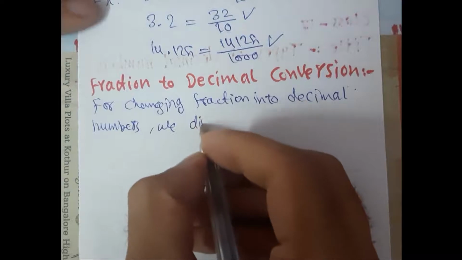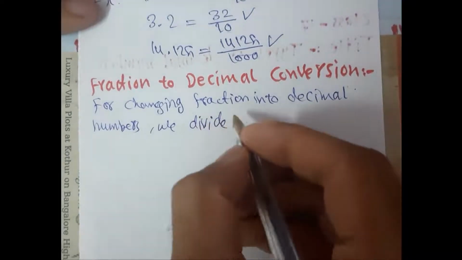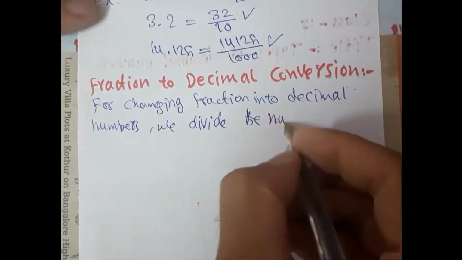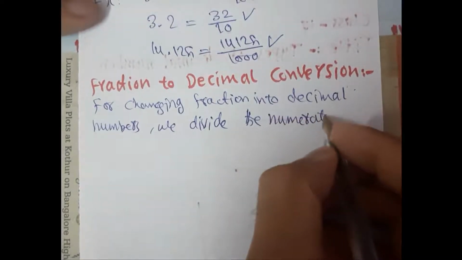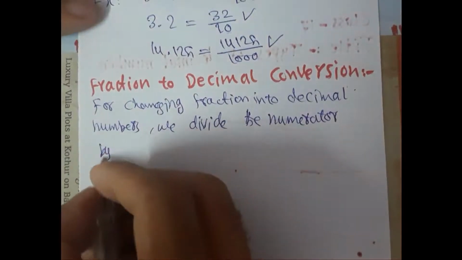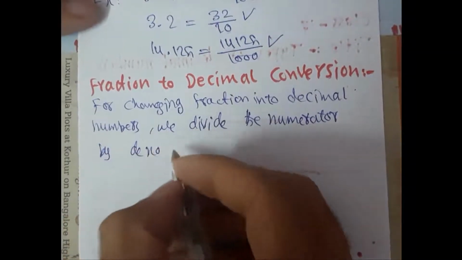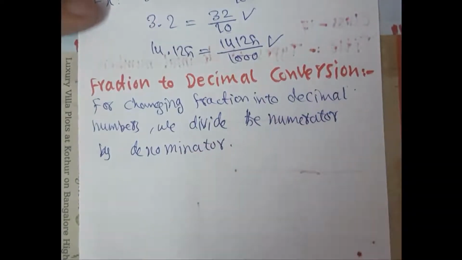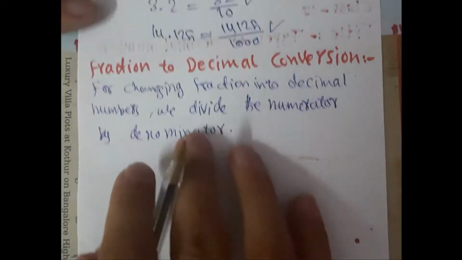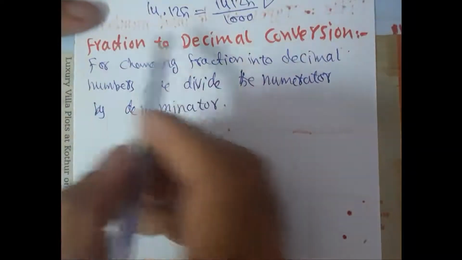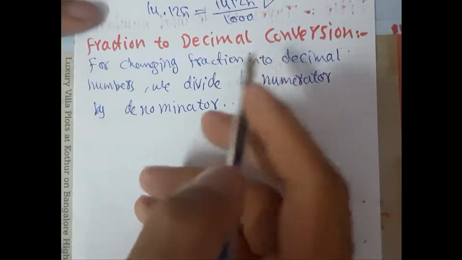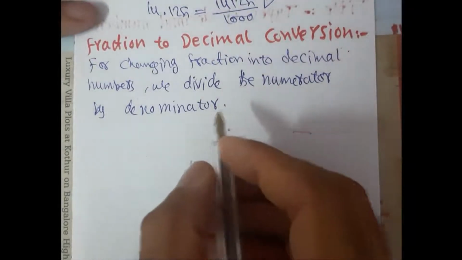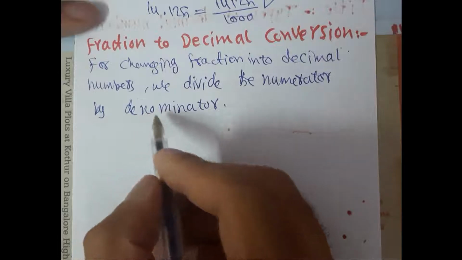We divide the numerator by the denominator. It is the rule. If we want to change the fraction into a decimal number, then we divide the numerator by the denominator.